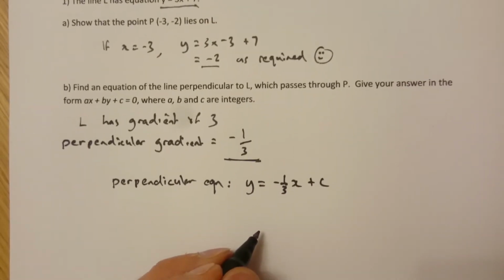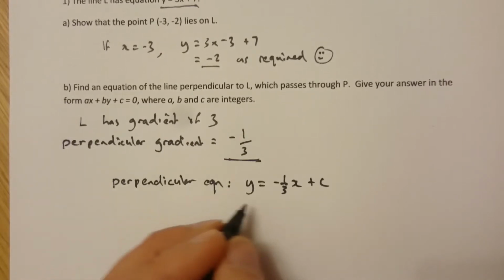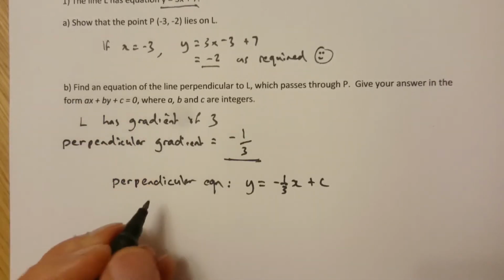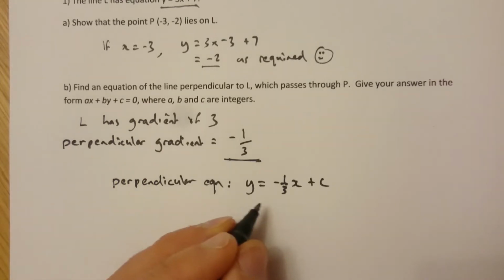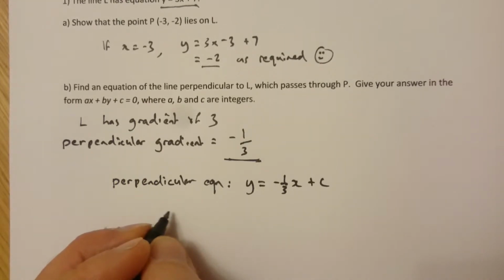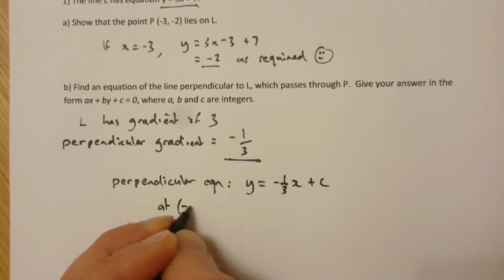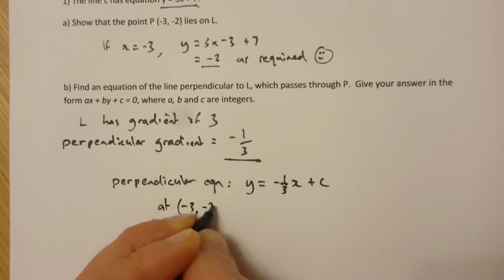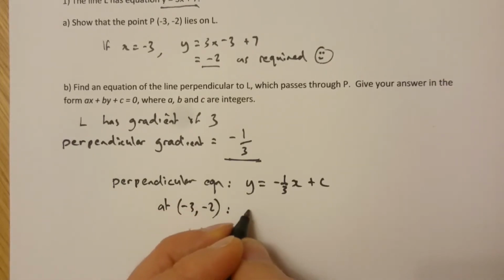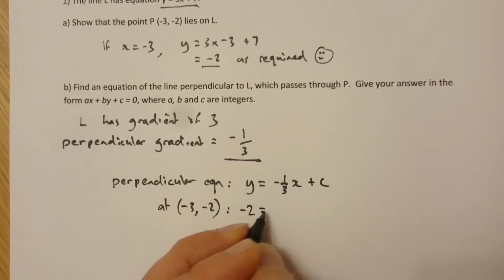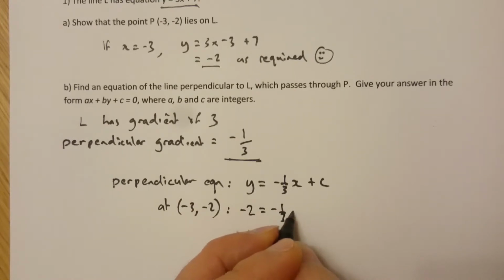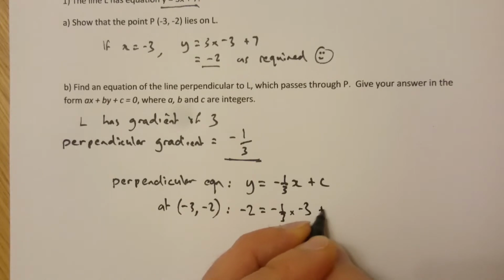We find the intercept by substituting in the point. The point was (-3, -2), so this line has to go through (-3, -2). So at that particular point, the value of y, -2, must equal -1/3 times the value of x, which is -3, plus c.